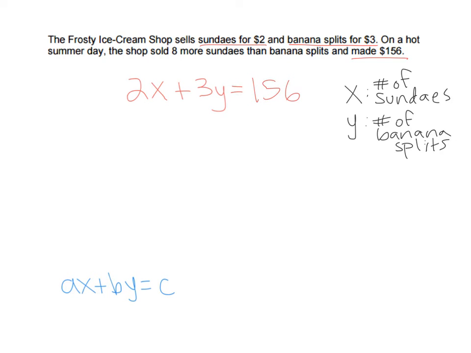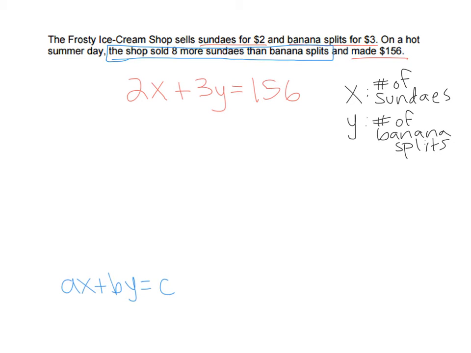So now where does our second equation come in? Well, what you might notice, looking for additional numbers that are in our problem, it says the shop sold 8 more sundaes than banana splits. That is going to help us write another equation. So if we think about it, it's saying 8 more sundaes than banana splits.